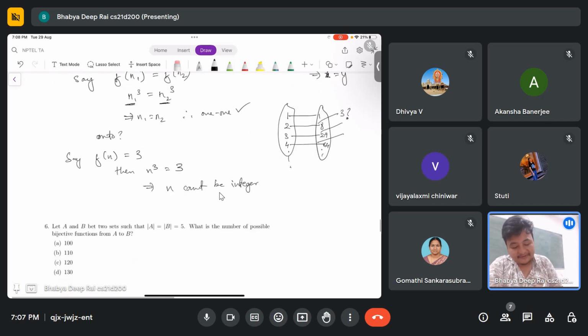So n cannot be an integer, n should be real. But we wanted an integer, because on the left hand side I can take inputs only from integers, and therefore it is not onto. So this 3 is an example of a number which does not get mapped to at all.